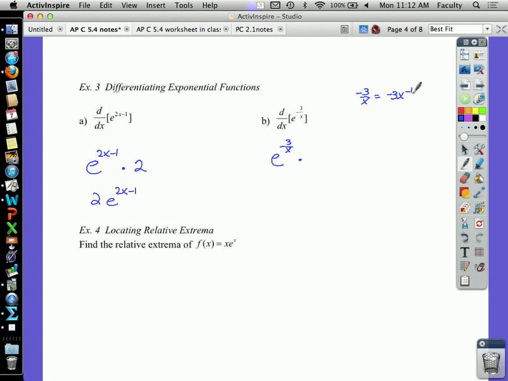So you bring down the power, so that's 3x to the negative 2. Now, we do not leave a negative exponent, so watch what's going to happen. My 3 is the only thing that's going to stay up, and then that's going to become an x squared, and then my e to the negative 3 over x is going to drop to e to the positive 3 over x because it was a negative exponent.